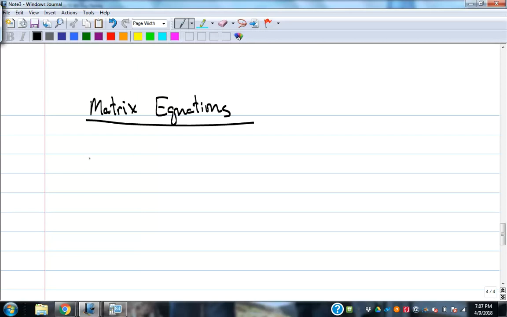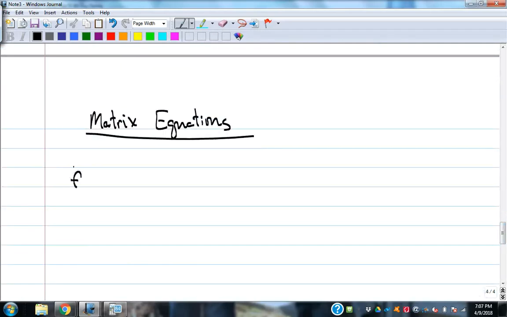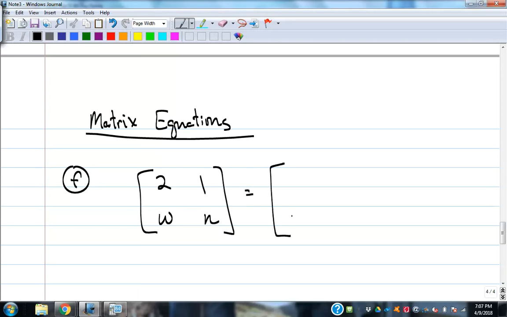If you've got two matrices that are equal to each other, say you had 2, 1, W, N, different variables there, and then you've got another matrix that's the exact same size, because if it's going to be equal, it's got to be the same size at least: X, Y, -1, 0.